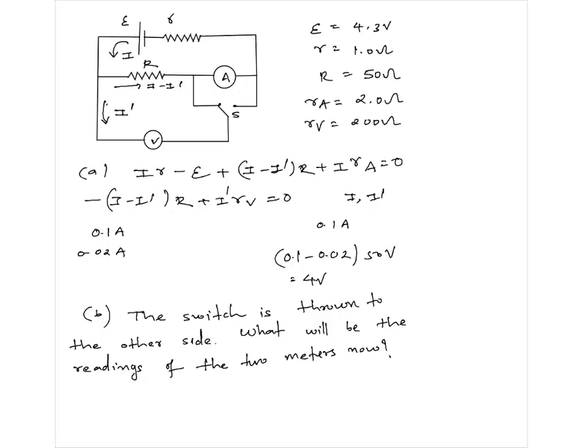Look at the figures and imagine that the switch is thrown to the other side, right? In that situation, you have to find out the readings of the two instruments, and this is your assignment question. We are continuing further, but I am giving the assignment question right now. Okay? Now, proceeding further.